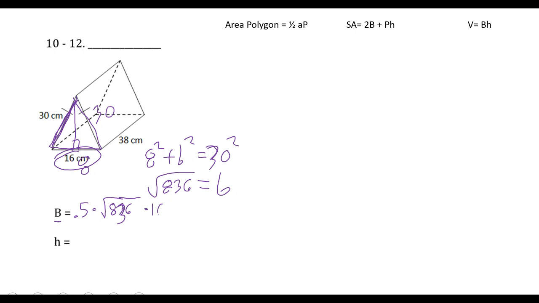So times 16. All right, now you punch this in the calculator. Times 16, great. Looks like you get the base equals 231.31 centimeters squared. This is an area. Great. We're going to need that later.